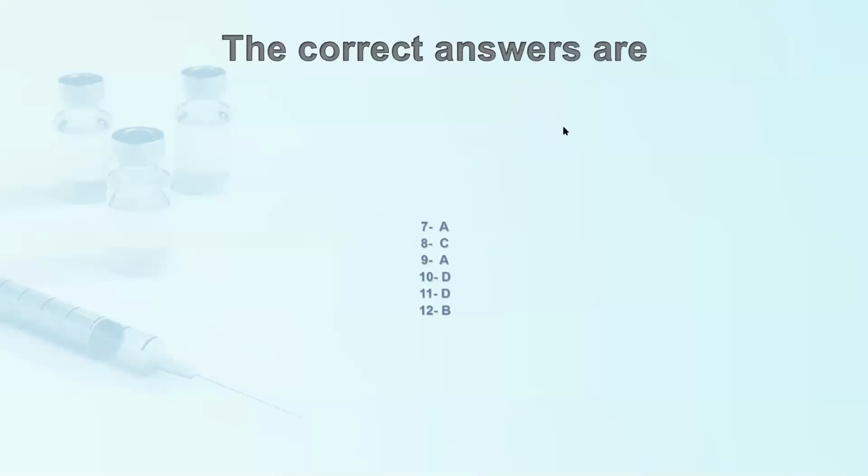Number 7 A, C, A. ABC, ACC, ACC, ABC, ACC, ADA, ACA, ACB, ACD, ACC. Okay.